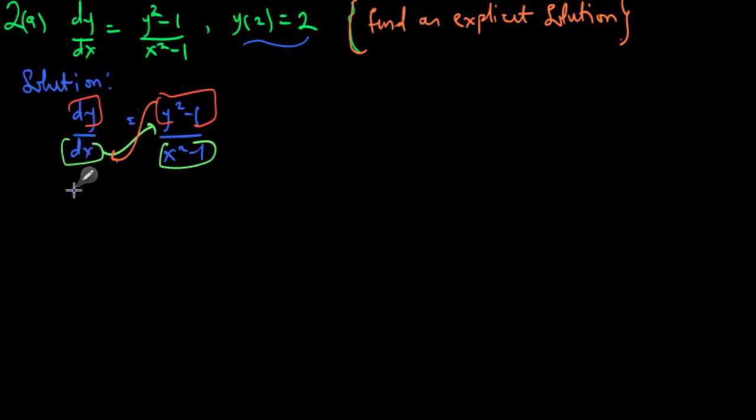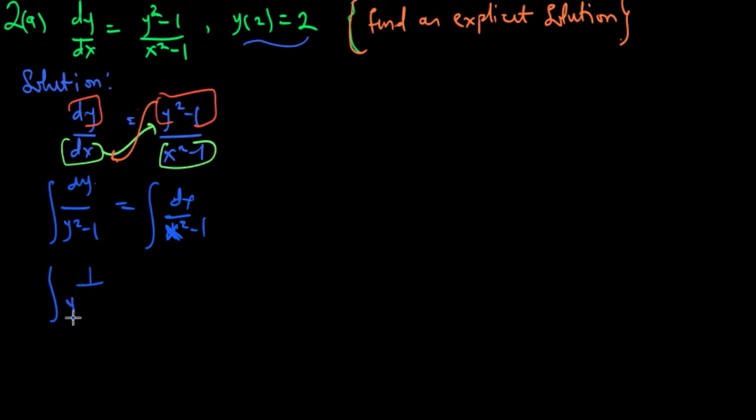So we have dy divided by (y squared minus 1) equals dx all over (x squared minus 1). The next thing is we integrate both sides with respect to y and x. To integrate this, we have to resolve it into partial fractions.